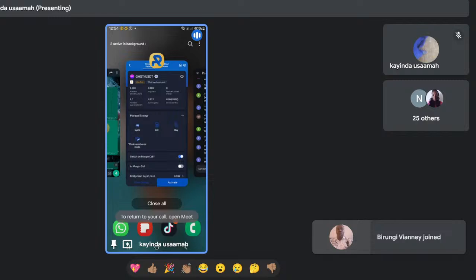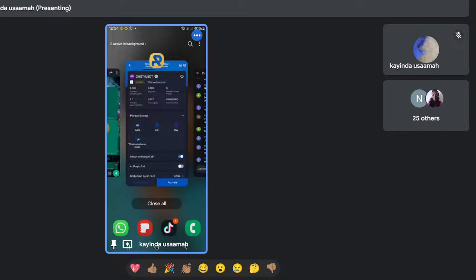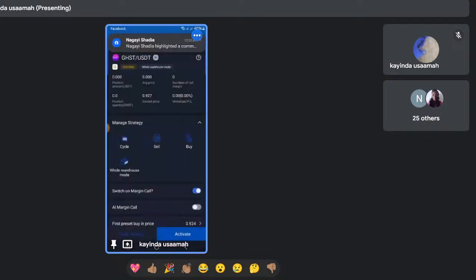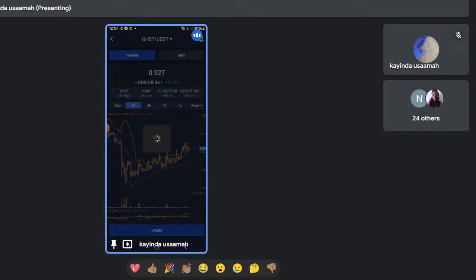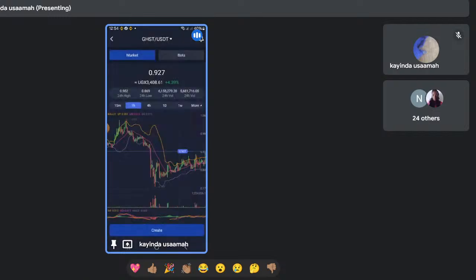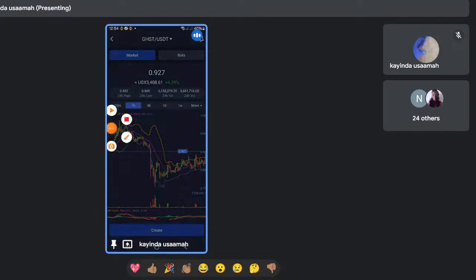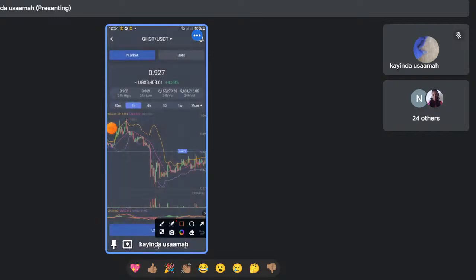You use TradingView to do what we call price range. You measure with TradingView. You measure a certain candle or candle patterns. For example, look at this token GHST.